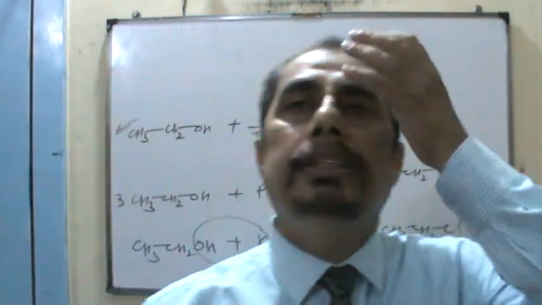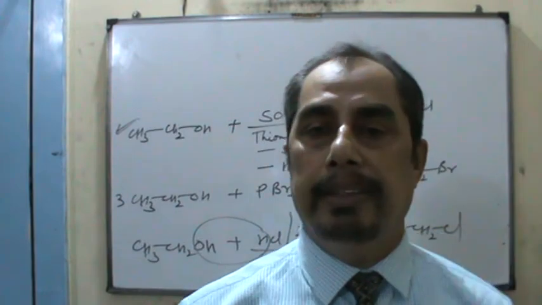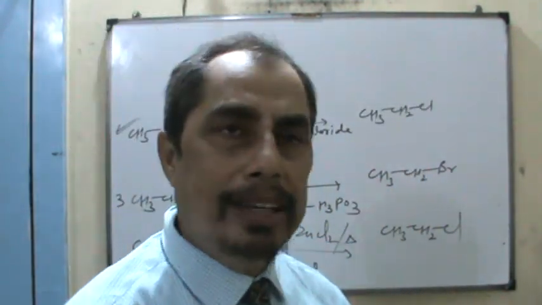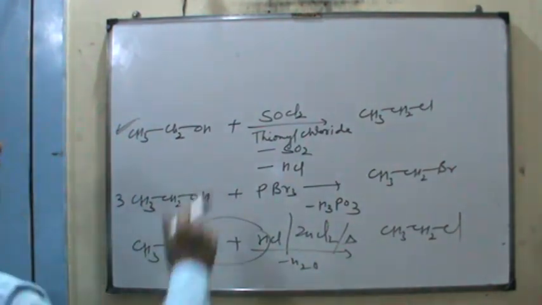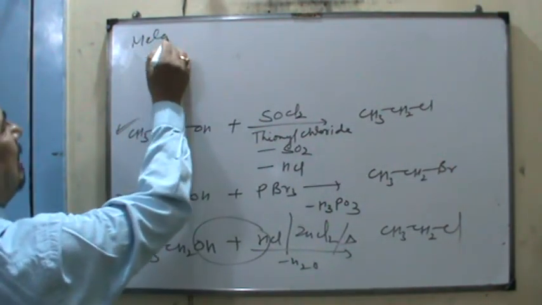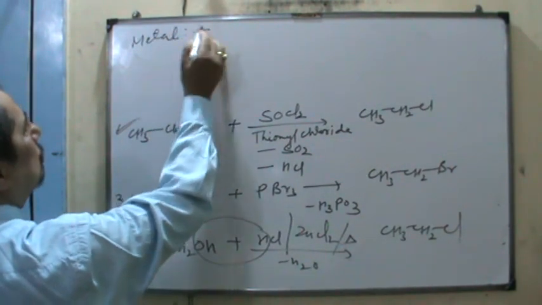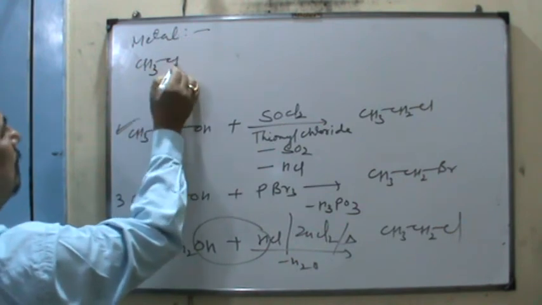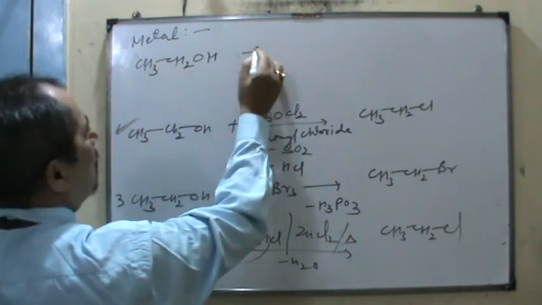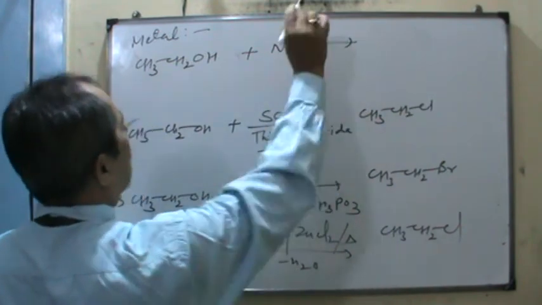Now dear students, next I would like to explain, you can add one more reaction, reaction with metal like sodium, aluminum. So whatever it is, the CH3CH2OH plus sodium metal, right?